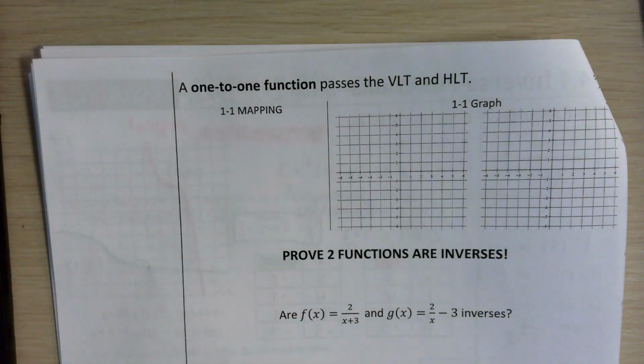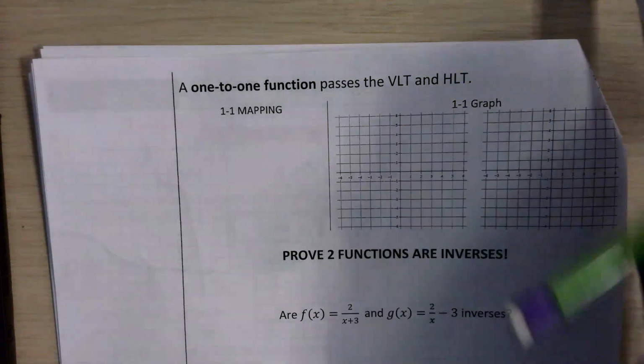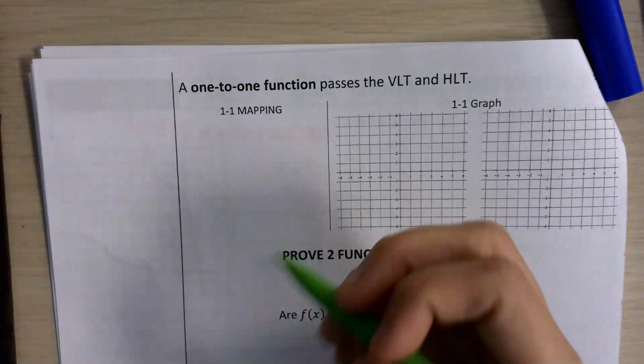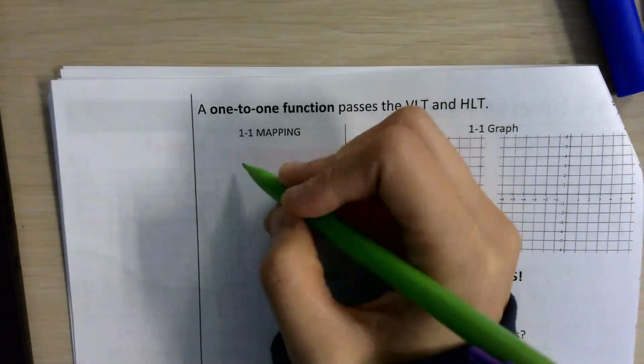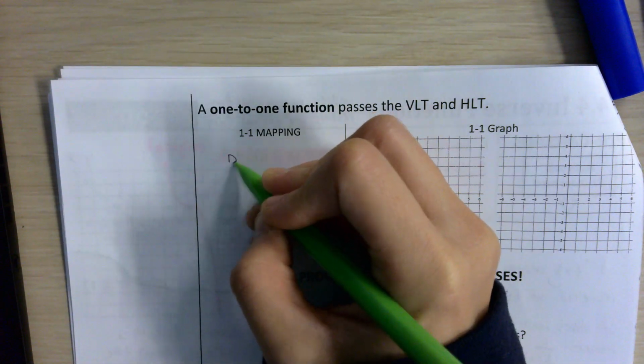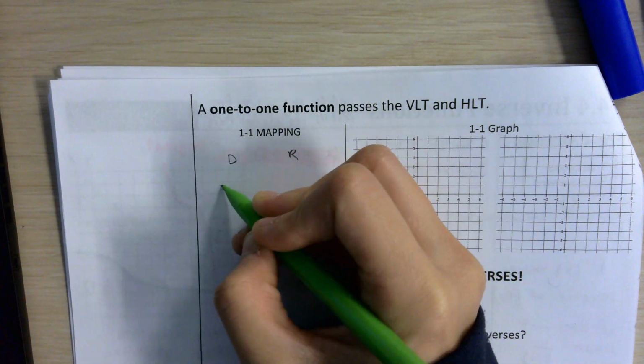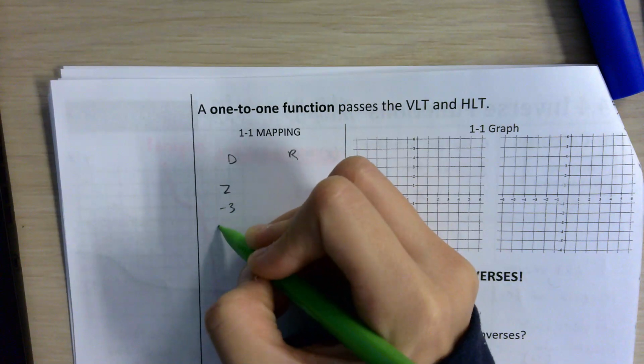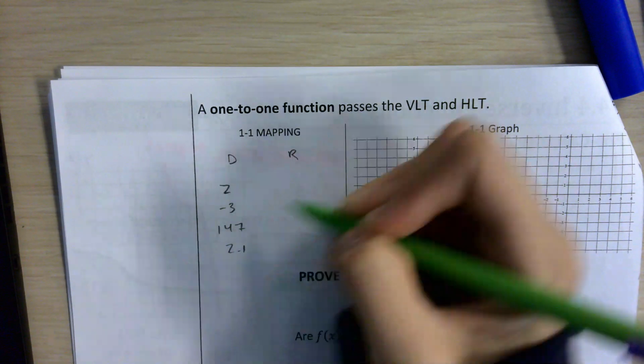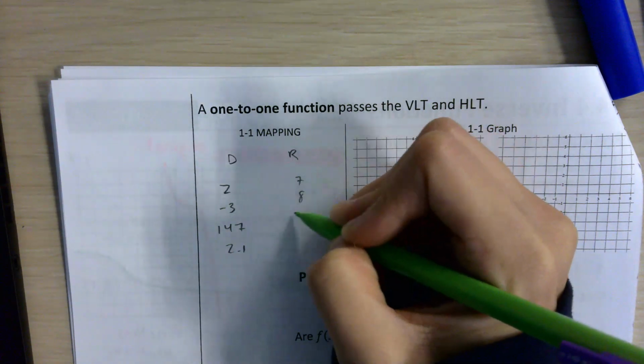Okay, so a one-to-one function passes the vertical line test and the horizontal line test. Right? So in order for something to have an inverse without restricting the domain, it needs to be always increasing or always decreasing. All right, so let's take a look, like one-to-one mapping, right? If I had a domain and a range, and it was 2, -3, 147, 2.1, right?